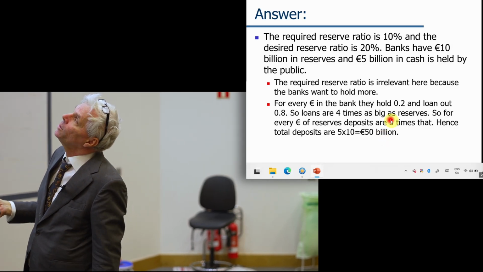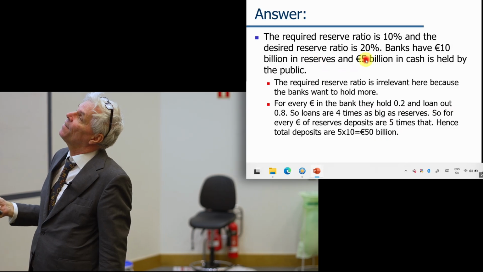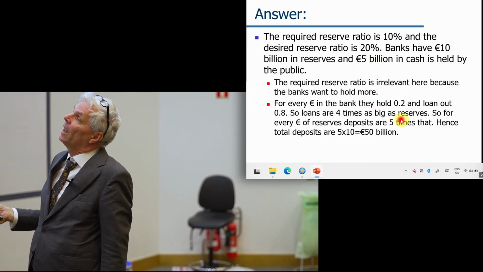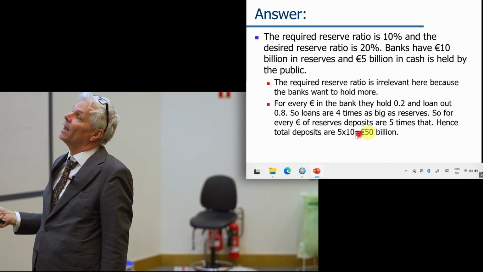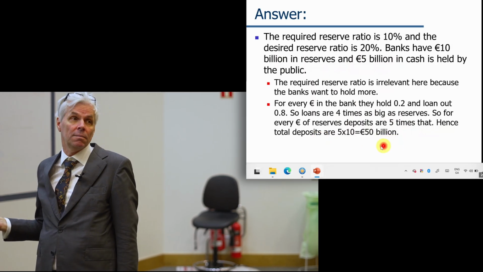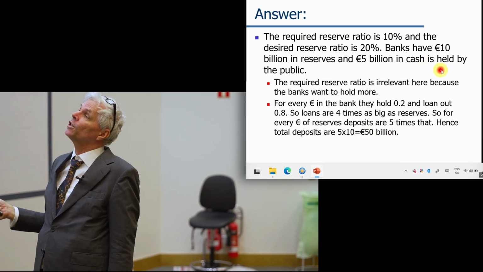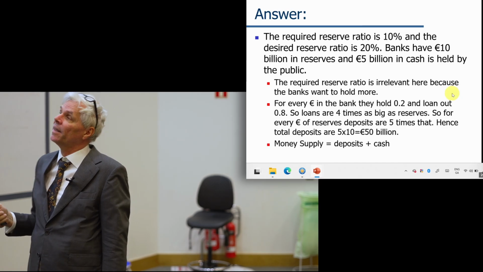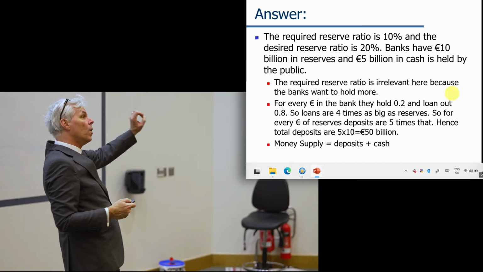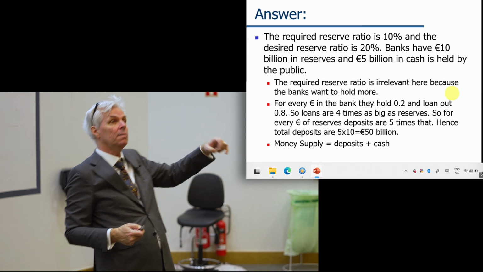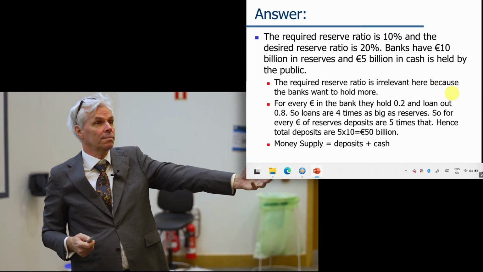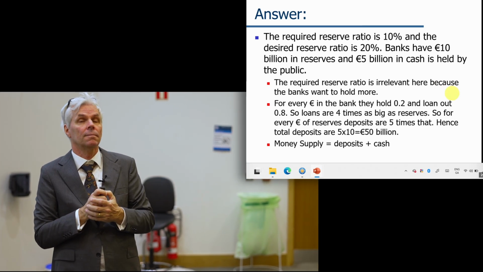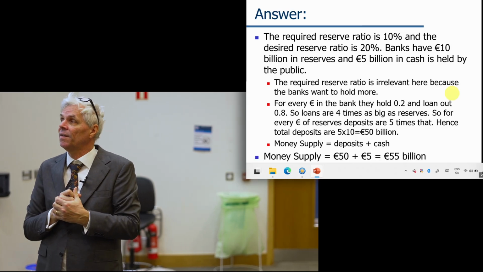So we are told that they have 5 billion in reserves, and so the total deposits are 5 times that. Total deposits are 50 billion. But plus, people are also holding cash. So we add in the cash. Money supply M1 is the total amount that people have deposited plus the cash that they're holding. And that's 55 billion.